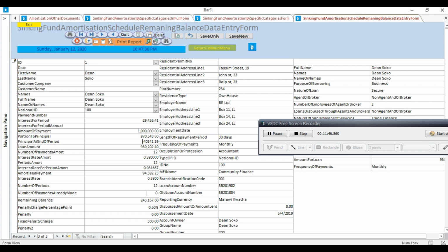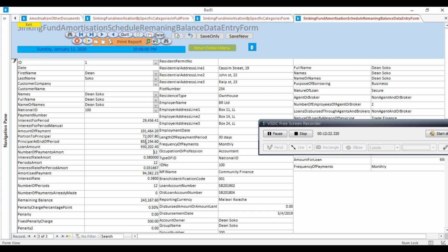And the amount of payment is this one. Now this 858 will be the loan amount in the next.